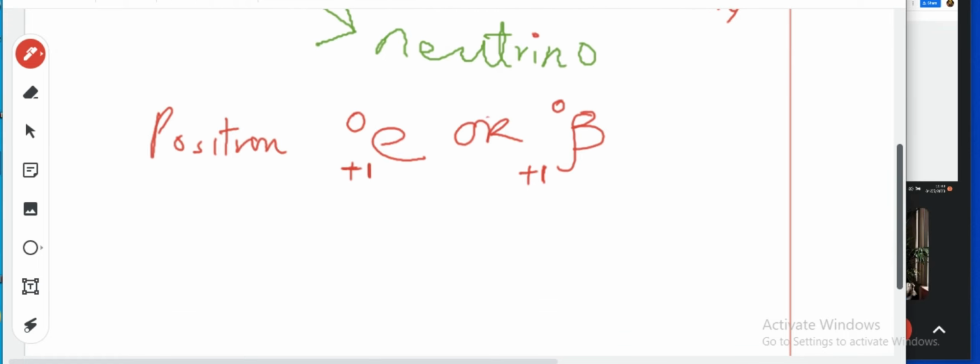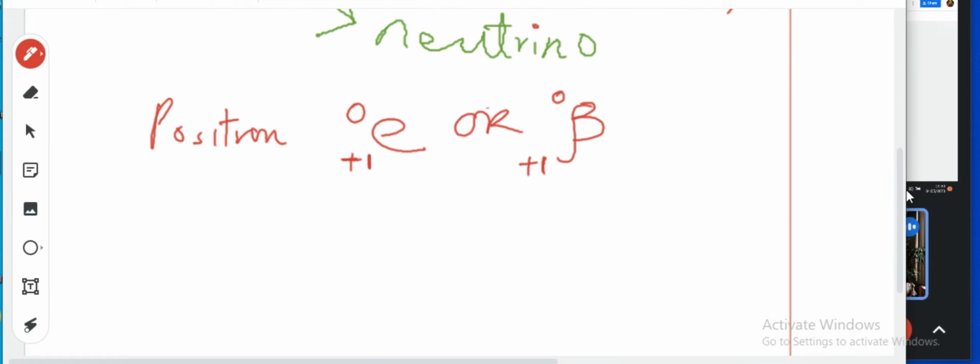Okay, all right. So for a beta plus decay, what's the general notation?